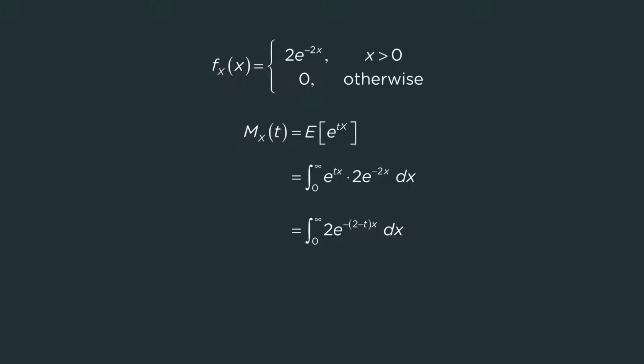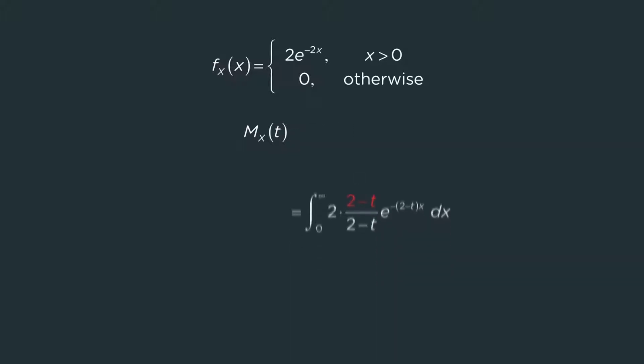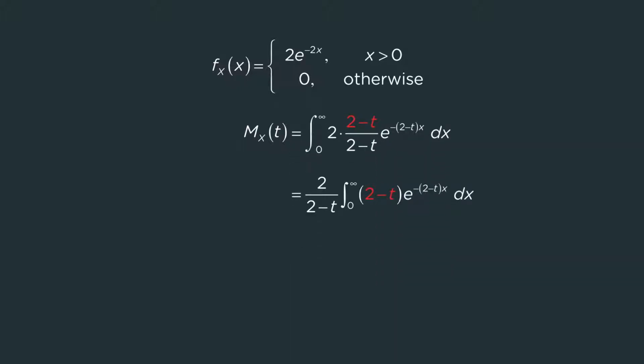Multiplying by 1 does not change the integrand, so let's multiply the integrand by 2 minus t divided by 2 minus t. Factor the constants, except for the 2 minus t in the numerator. Friends, what does the new integrand resemble? It resembles the original PDF.